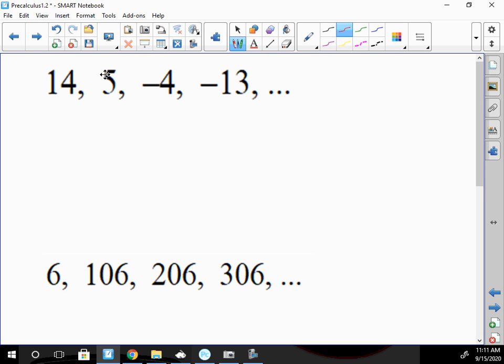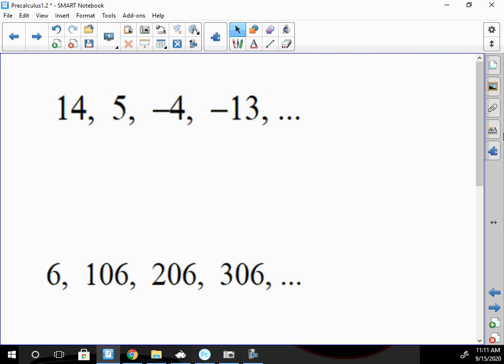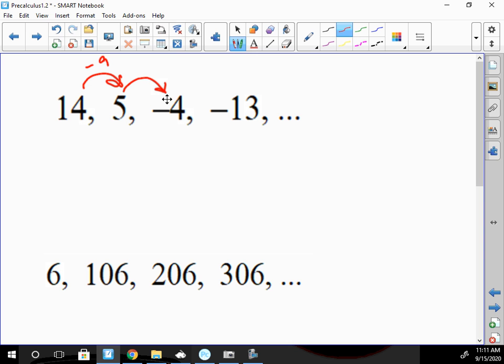Let's try this one. I'm going from 14 to 5 to negative 4 to negative 13. How do I get from 14 to 5? I might be multiplying by some fraction, but that's not the case. I could subtract 9 to get backwards. 5 minus 9 gives me negative 4.